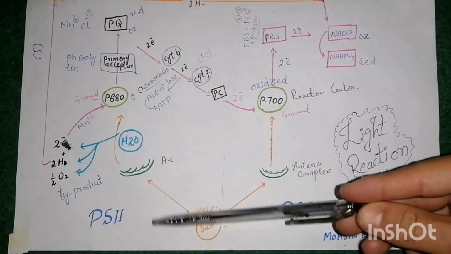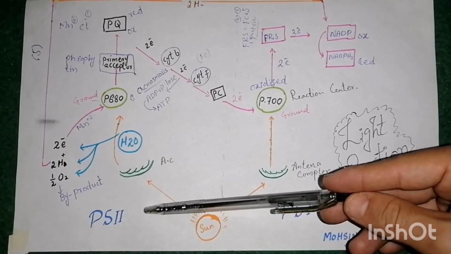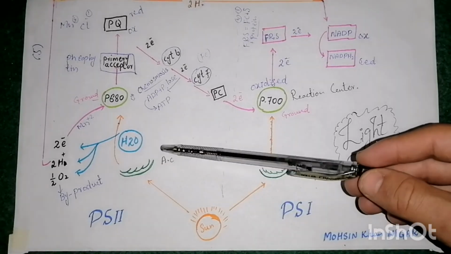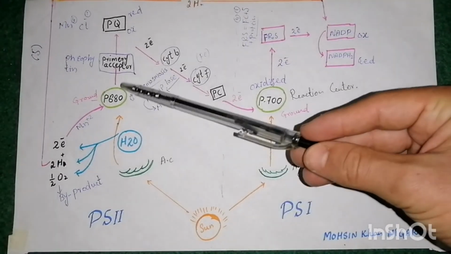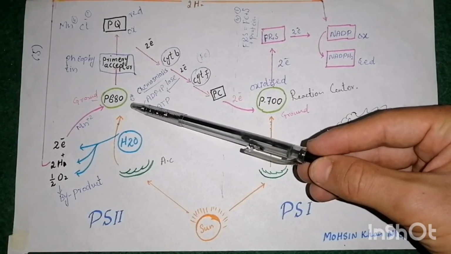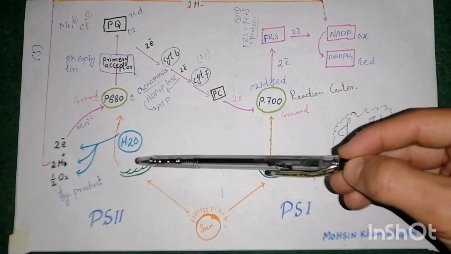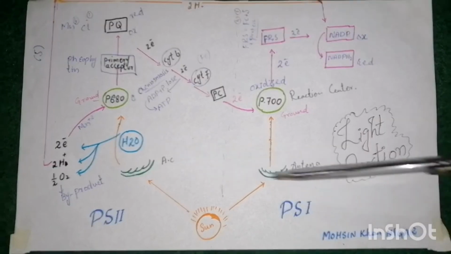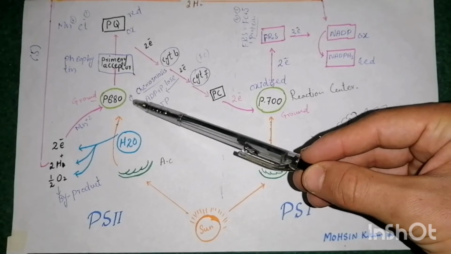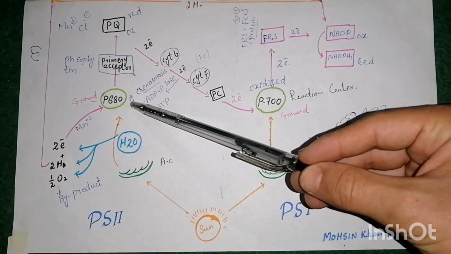So let's talk about PS2, or pigment system 2. Pigment system 2 also consists of two parts, the antenna complex and the reaction center. The antenna complex of PS2 is similar to PS1, but there is a difference in the reaction center of PS2.